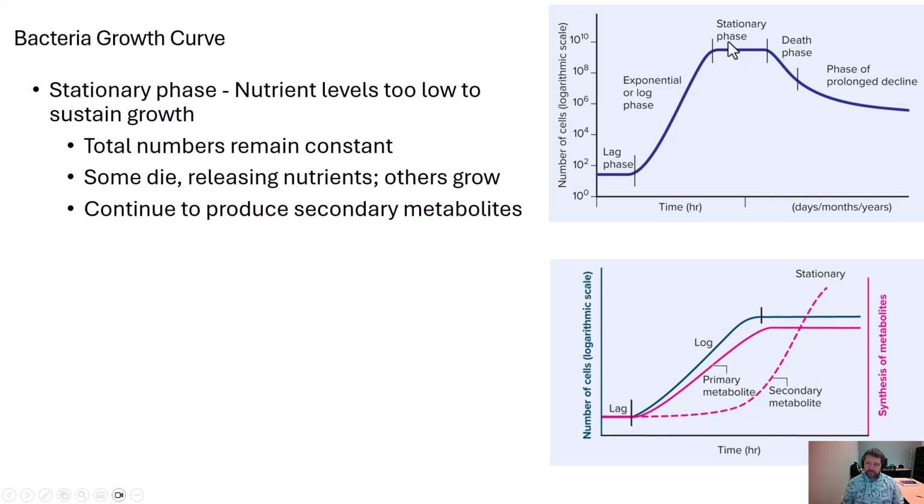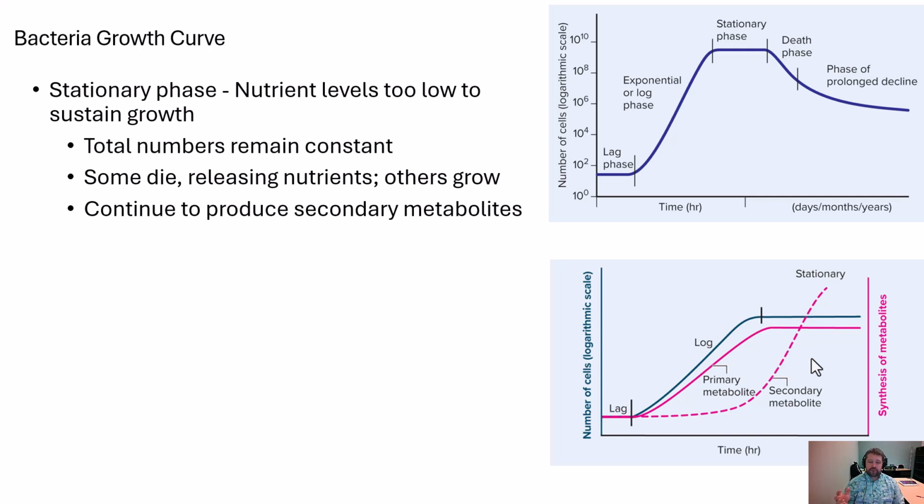You might have a little bit of increase and a little decrease back and forth, but it's pretty much stationary. But what does increase is these secondary metabolites, and this is often where we see increases in toxicity, resistance, and thermal tolerance.